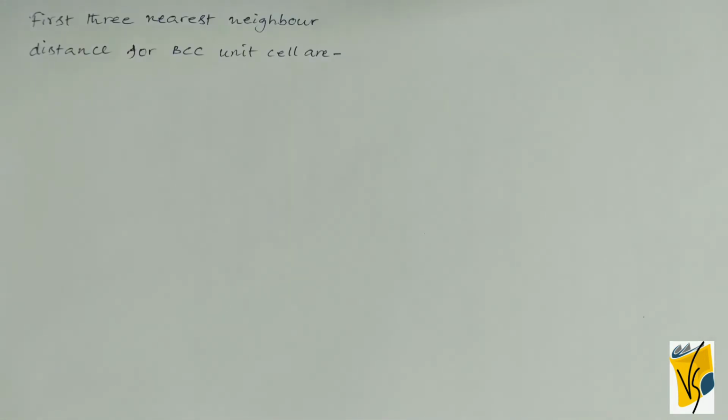Next problem, first three nearest neighbor distance for BCC unit cell are. In the earlier problem, we learned the nearest neighbor distance in simple cubic unit cell, but here it is asked for BCC, and we know the structure of BCC. It is like this.